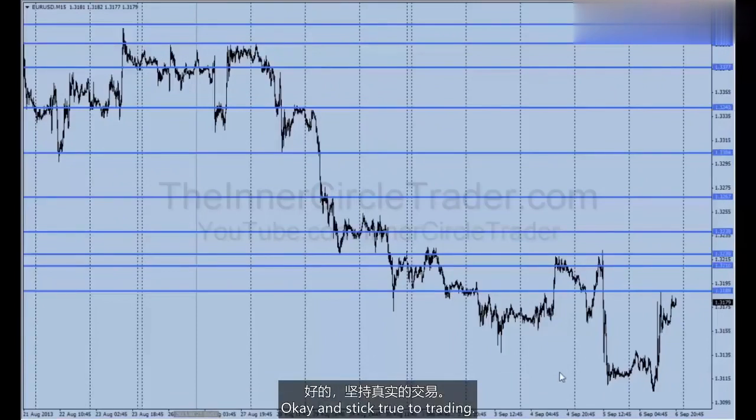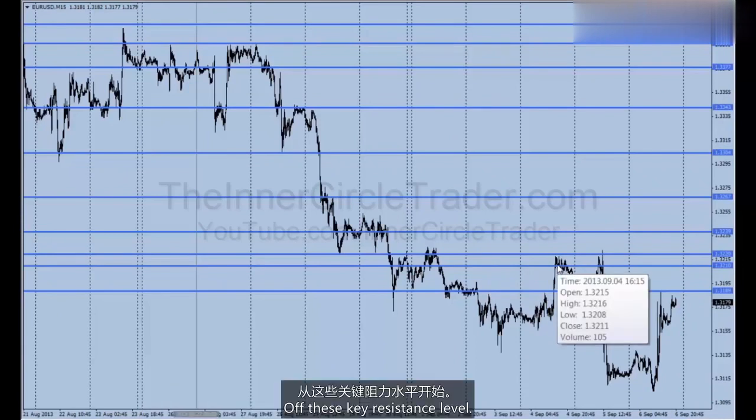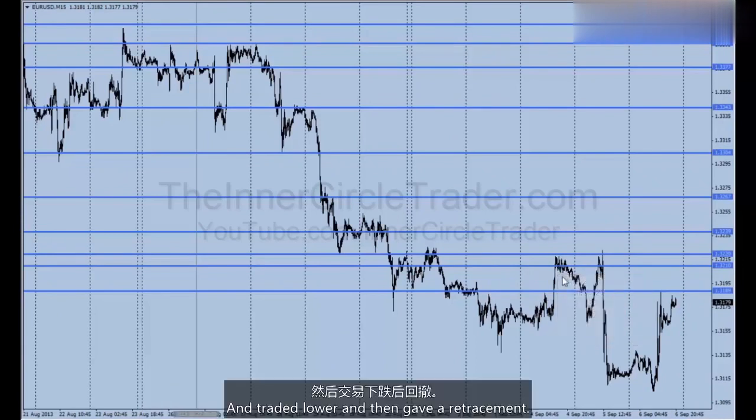Now, if one was a seller, okay, you'd have to rely more on these resistance levels, and stick true to trading only at or very close to these levels, meaning that if the market environment suggests a lot of uncertainty, there would be times where maybe the price moved up off this key resistance level and traded lower and then gave a retracement, and maybe I would trade something away from that level.